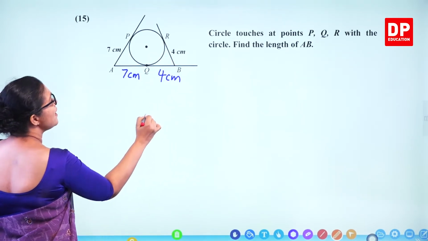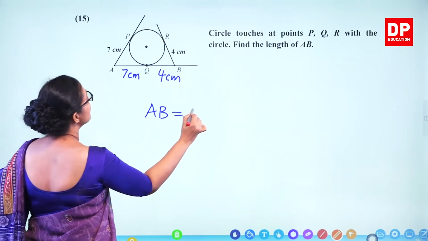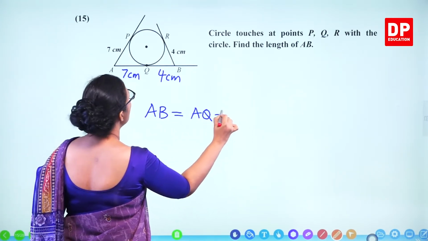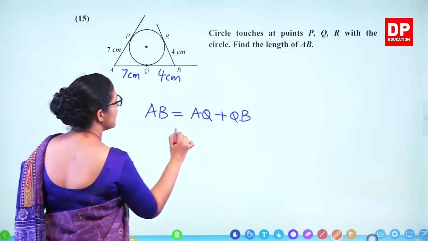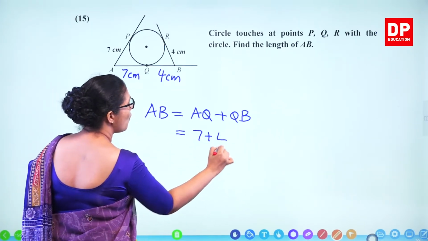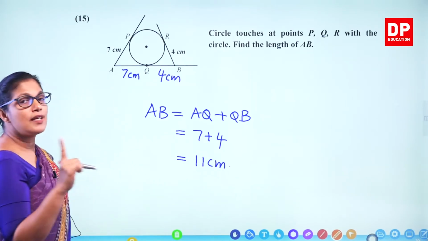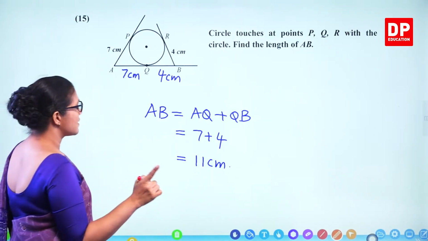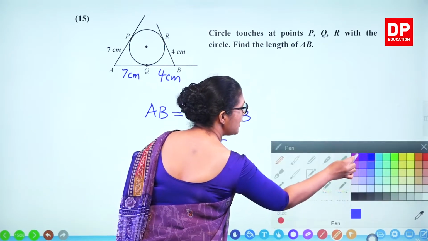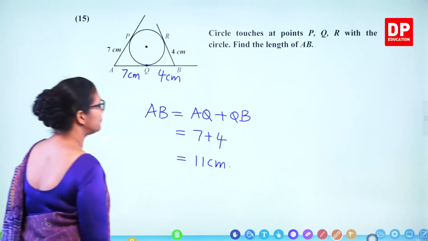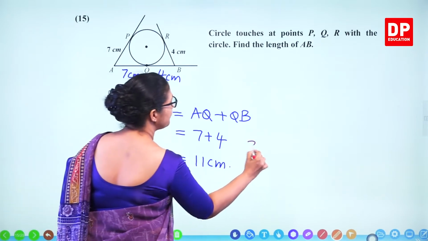So what is AB length? Straight away you can write AQ plus QB. That's equal to 7 plus 4, 11 centimeters. So here we used equal tangents from an outside point to the same circle. So 2 marks for that.